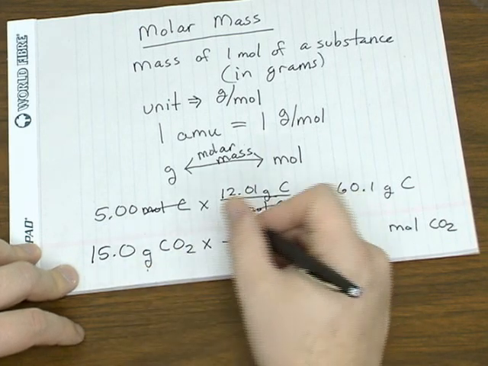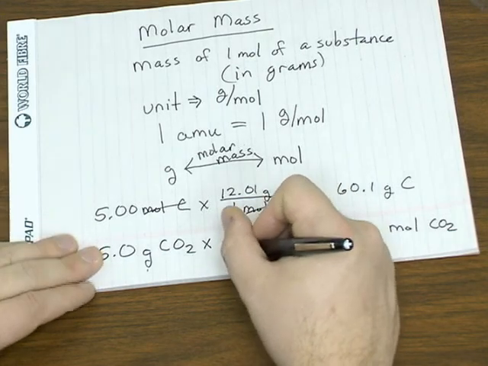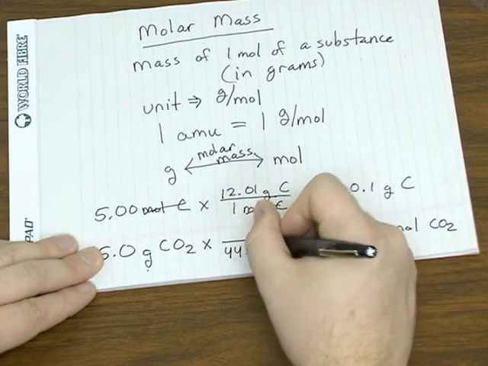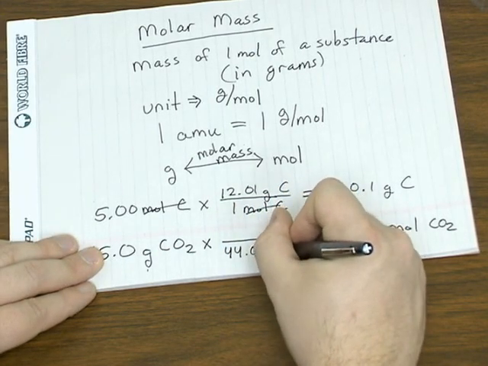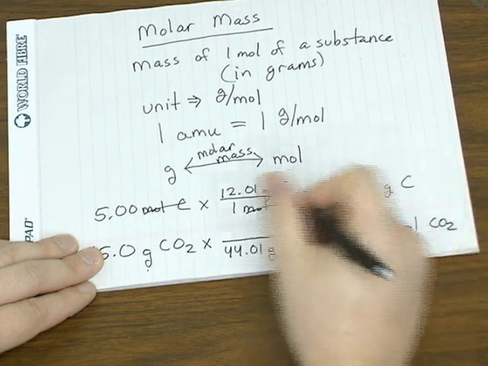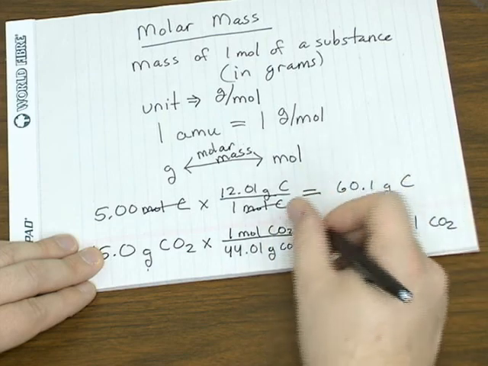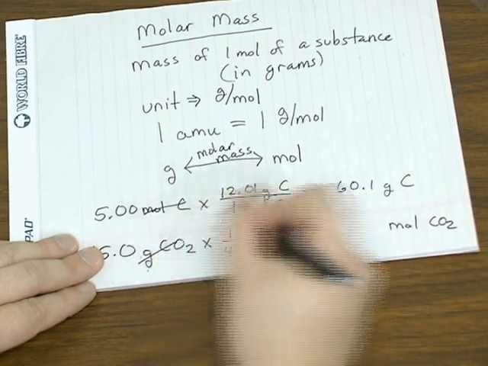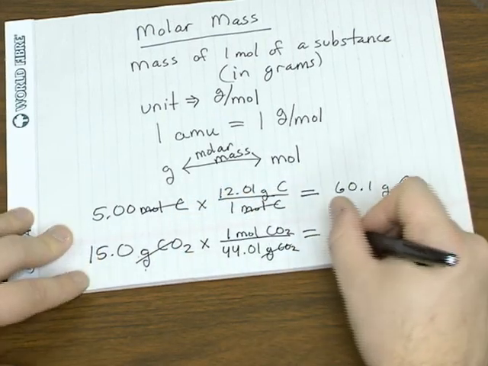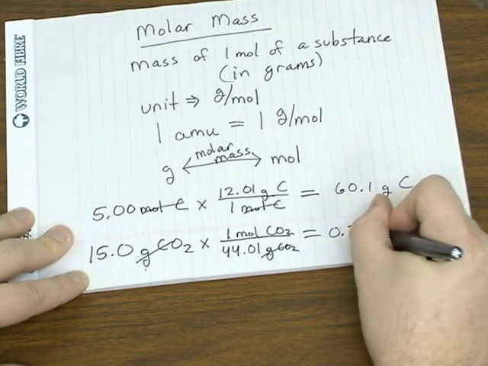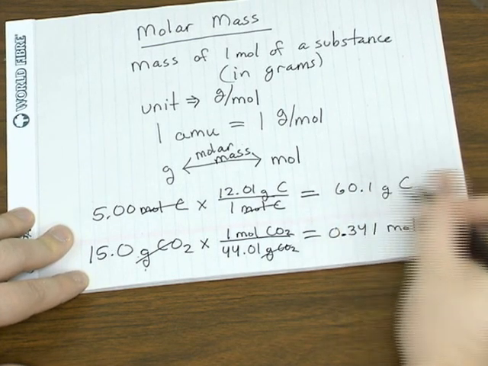Now we want the gram unit to cancel, so we've got to flip the atomic weight around, and it's 44.01 grams of CO2 per 1 mole. So that gives you 0.341 moles of CO2.